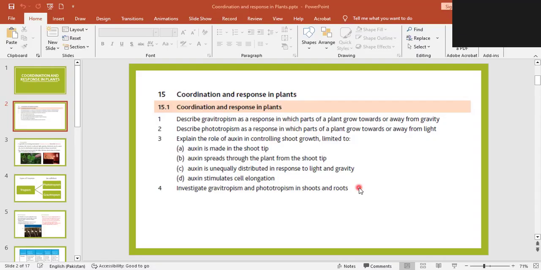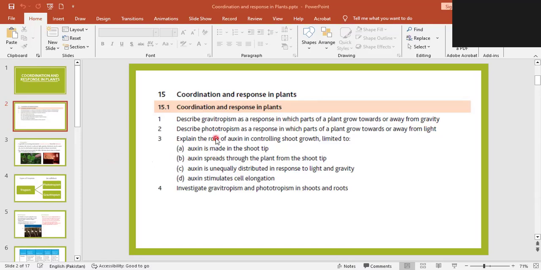So what this chapter is going to cover: you will study, describe gravitropism as a response in which the parts of the plant grow towards or away from gravity.